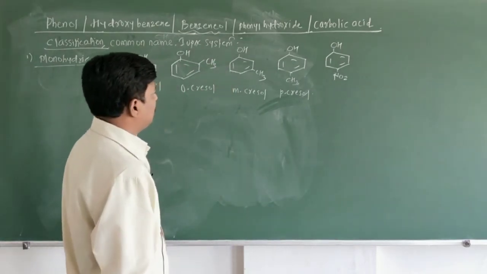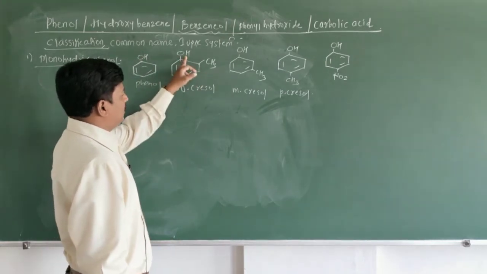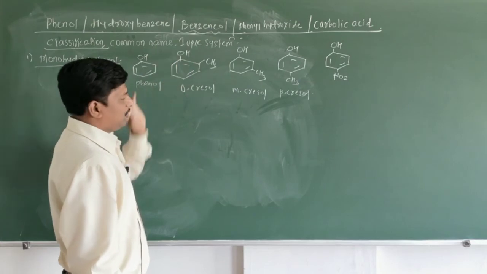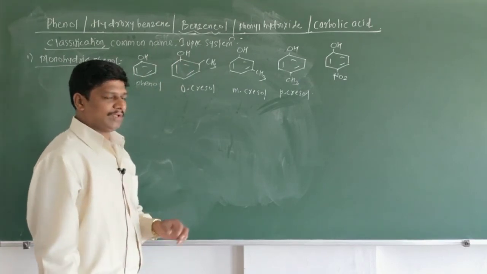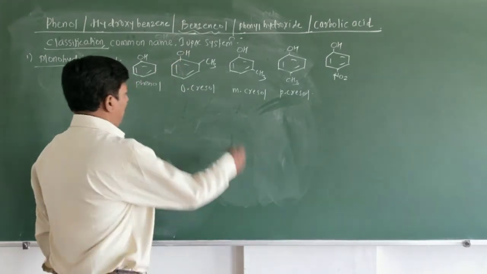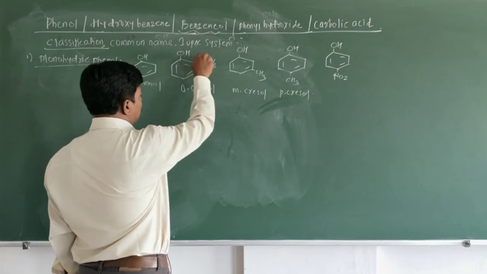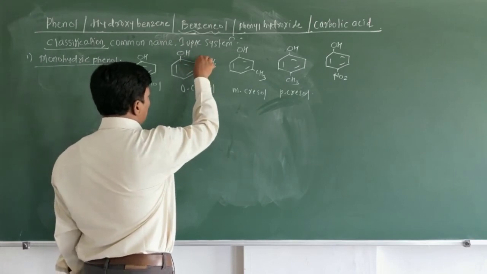Now come forward to the IUPAC names of these structures. Here the benzene and the OH group is given the first priority, which is the parent compound, and with respect to this OH, the methyl group is present at the first position.